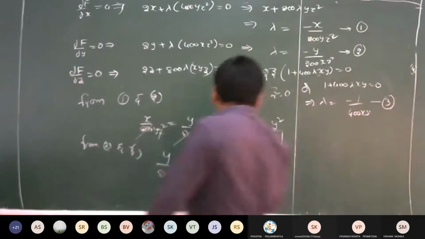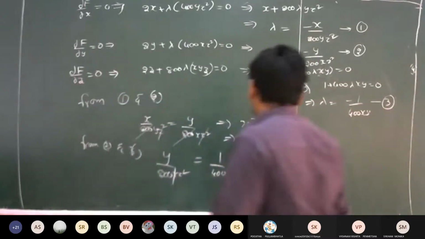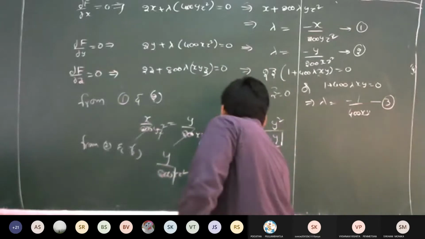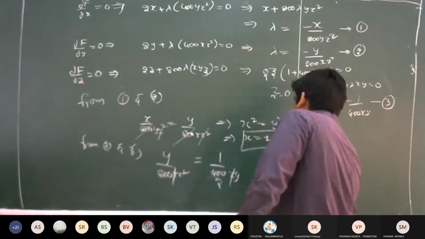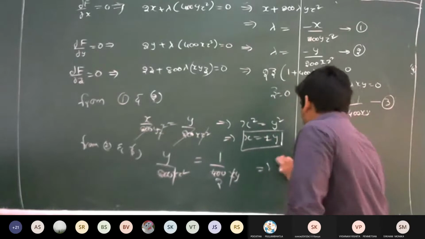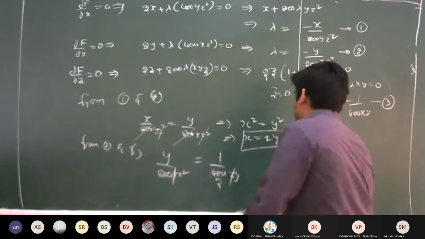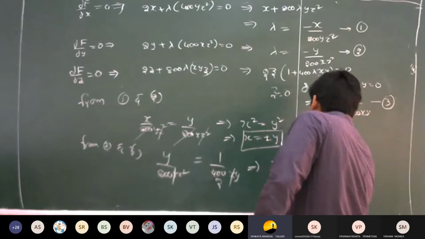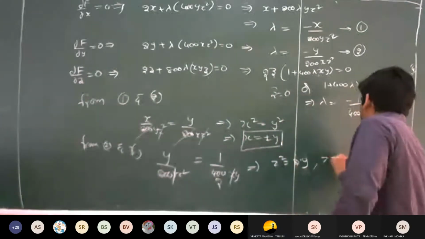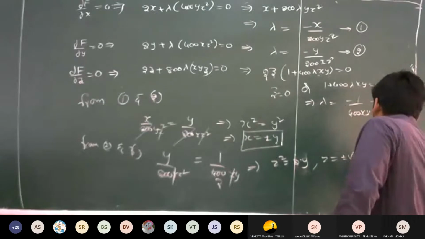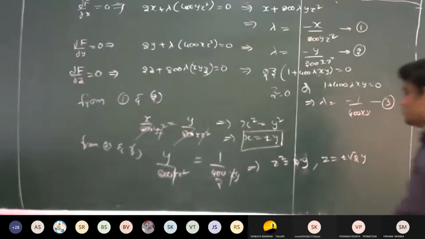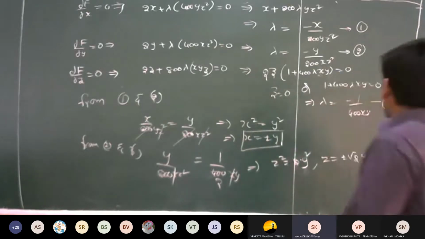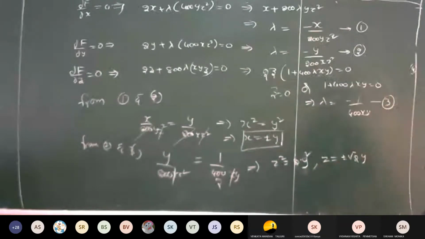So which implies that z square is equal to 2y square, which implies that z is equal to plus or minus root 2 y.